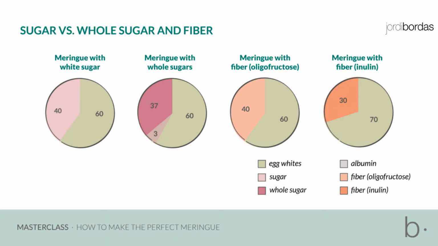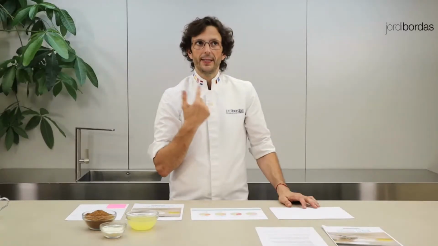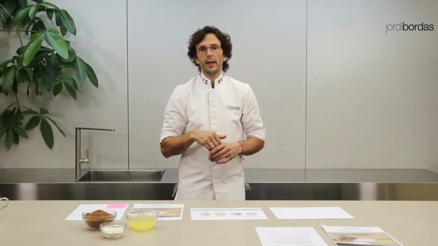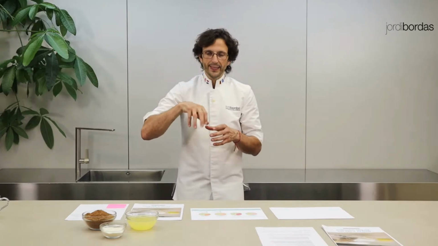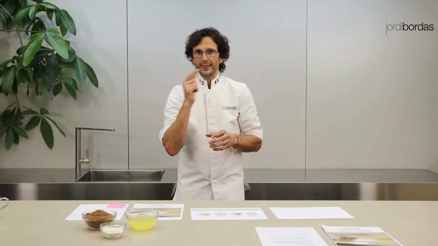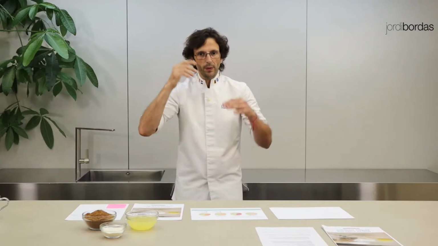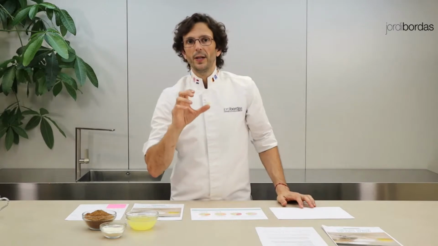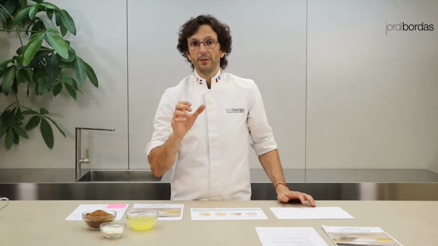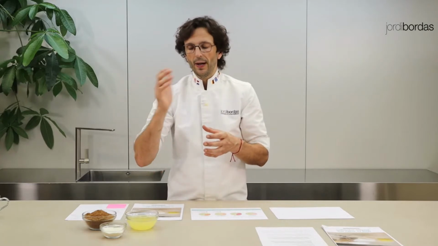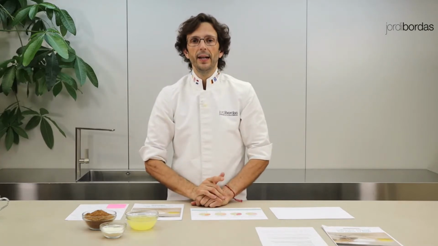In the process, we start to whisk the egg whites with the egg white powder, the albumin, for more or less 4 minutes at 30 degrees. We heat up a little bit at the beginning to improve the development of the proteins. And once we see soft peaks, that the meringue has body, we add the sugar in general all at once.